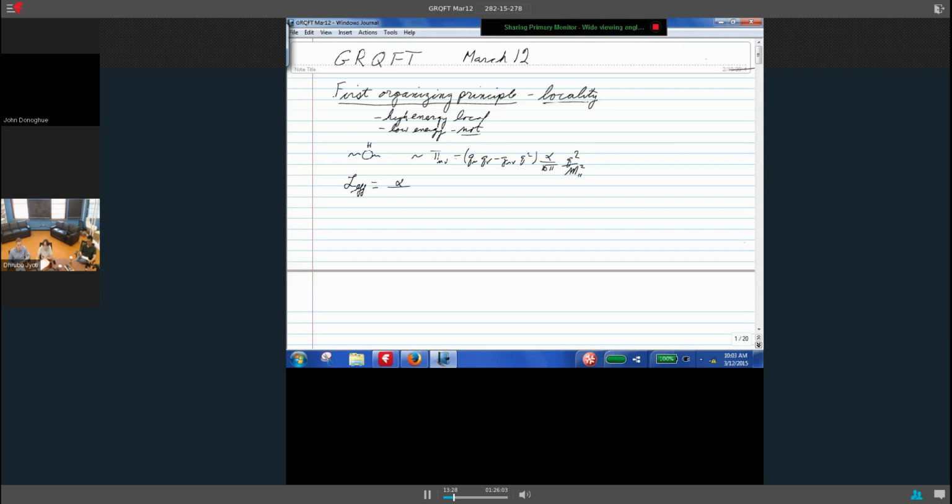Okay. And so here's something that has q squared in it. This is equivalent to a local Lagrangian. So this is an effective Lagrangian, which when you put the right factors in, it's alpha over 60 pi.